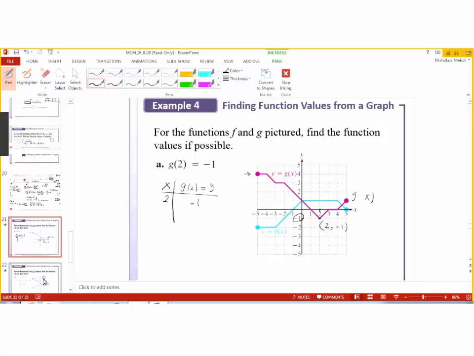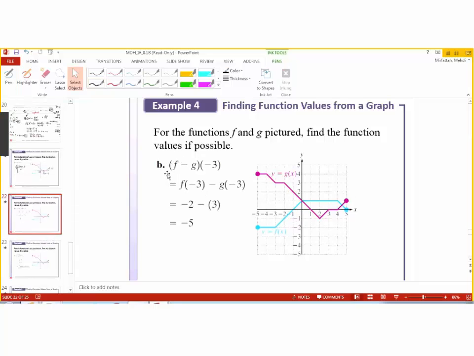Okay, so we have to read the numbers off the graph. If I want to find f minus g of minus 3, first, let's translate this into what it is. This means you have f of minus 3 minus g of minus 3, right?